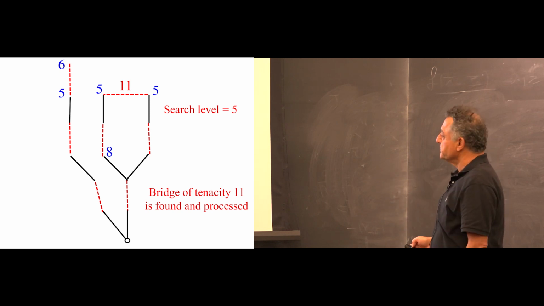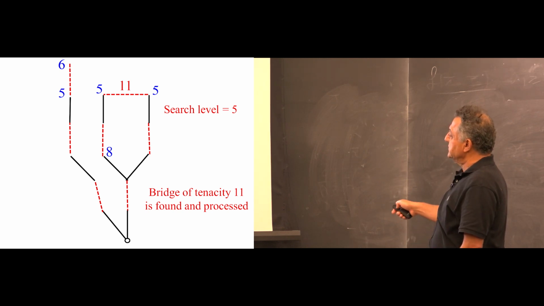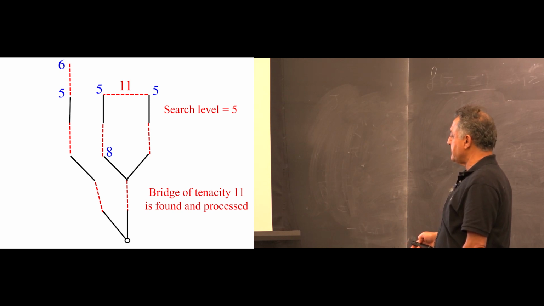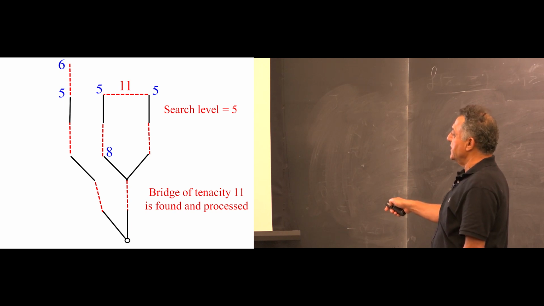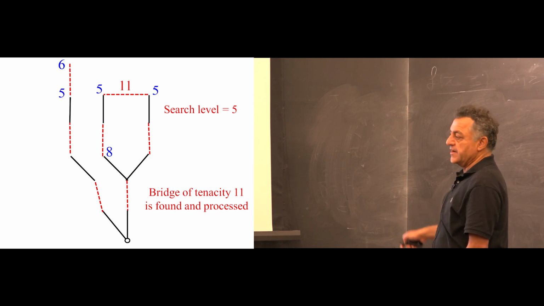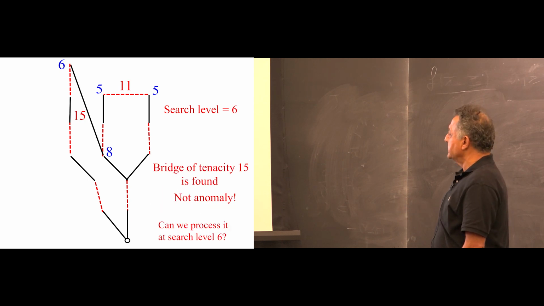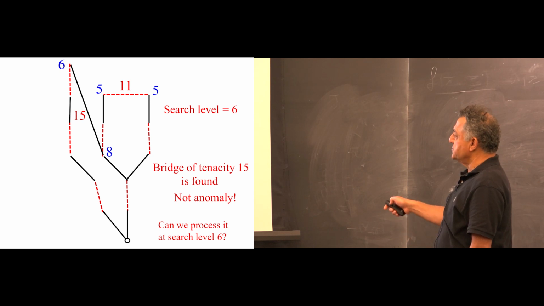Exactly what she said. So this has tenacity 11, and at search level 6, this bridge of tenacity 11 is found and processed. At search level 5, we found this edge and this edge, we processed this bridge, and we gave this vertex its max level. At search level 6, we found this edge.